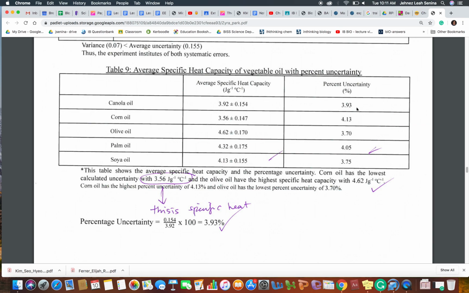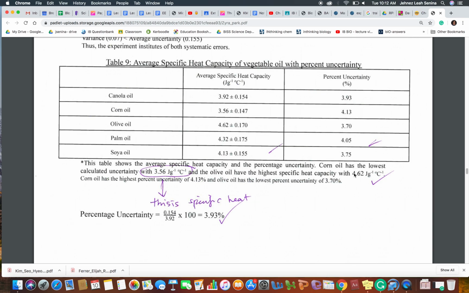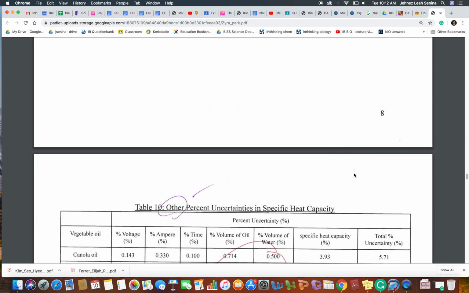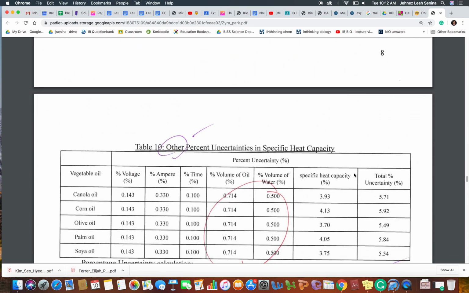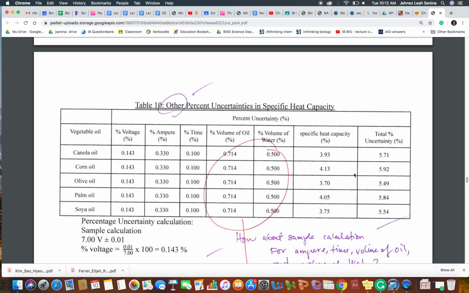Remember, this 3.93 came from her formula, the uncertainty of this and this. So she added it all up. It was equal to 3.92, 3.93, you said, right here. There may be other errors, so look at the next table, other percent uncertainties, such as the voltage.